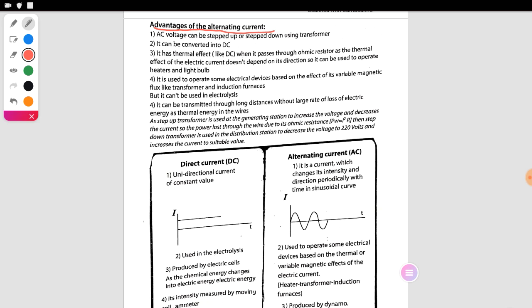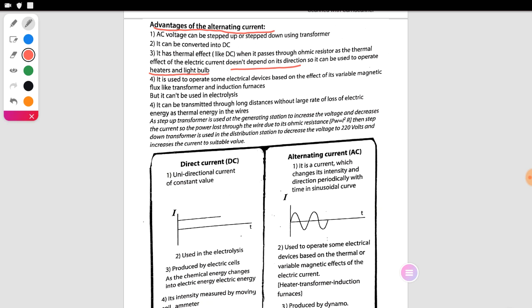The heat energy does not depend on the direction of the current. Direct current produces heat energy. Alternating current produces heat energy. So it can be used to operate heaters and light lamps.